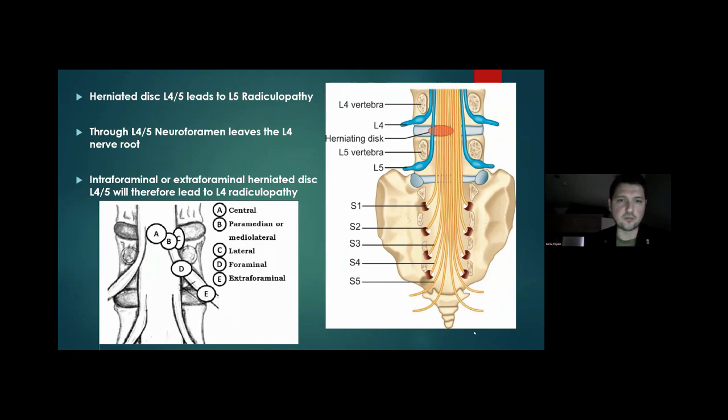This is very different than in the cervical spine. In the cervical spine, you first have the nerve and then the vertebra. In the lumbar spine, when you count it, you first have the vertebra and then the nerve. The herniated disc very often makes symptoms on the nerve root which goes one level below. In my opinion, this is a very, very important figure and a very important thing for everyone to understand.